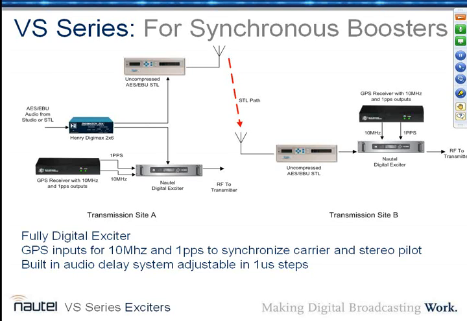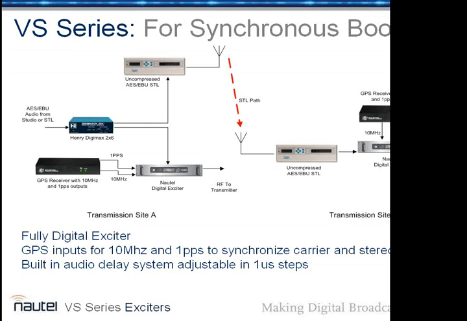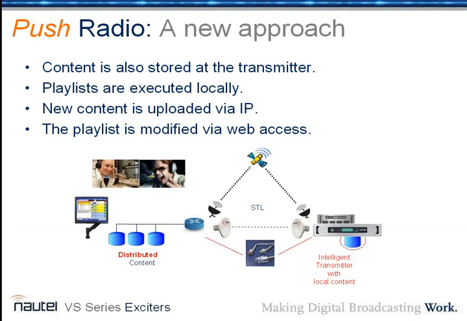If you want more details on how to do an SFN, we have a wonderful webinar just on this subject, and we actually had one of our design engineers in here, and Phil was able to add a lot of information about how these SFNs work in their digital conditions, which is fascinating. And the idea of push radio, where all the content is actually pushed out to the transmitter site, and then the VS exciter acts as a playout engine and plays the content off the hard drive.